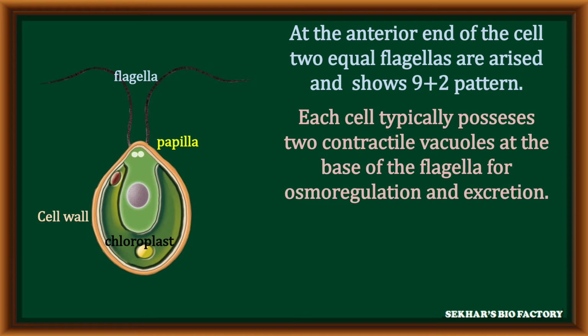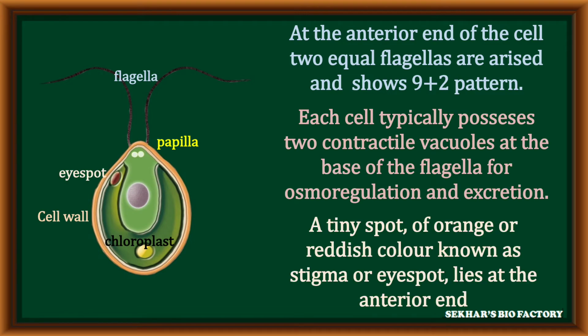Each cell typically possesses two contractile vacuoles. These are present at the base of the flagella. These are helpful for osmotic regulation and excretion. A tiny spot with orange or reddish color is present. It is known as the stigma or eye spot.